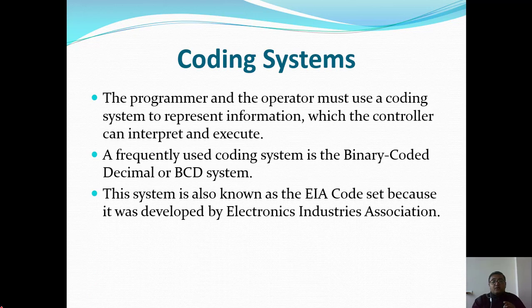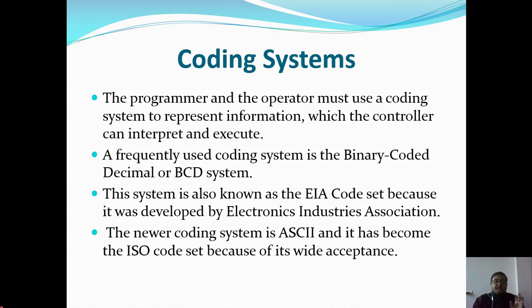The system is also known as the EIA code set because it was developed by the Electronics Industries Association. The newer coding system is ASCII, and it has become the ISO code set because of its wide acceptance.